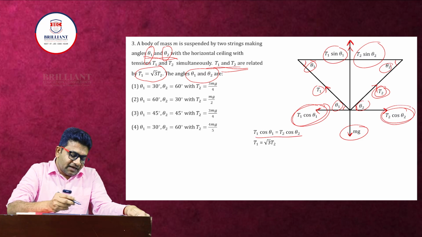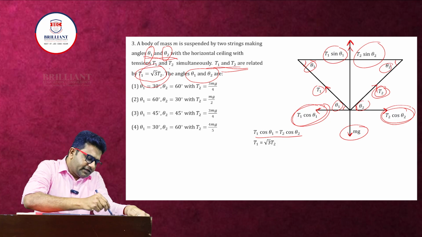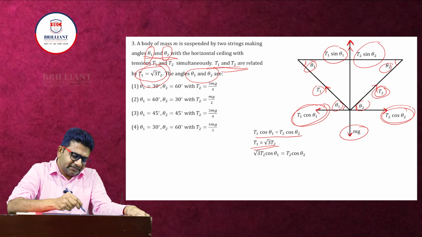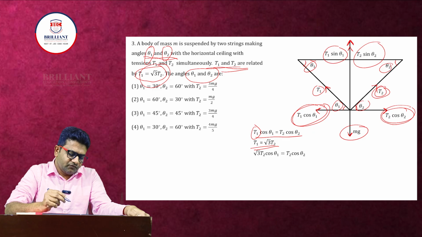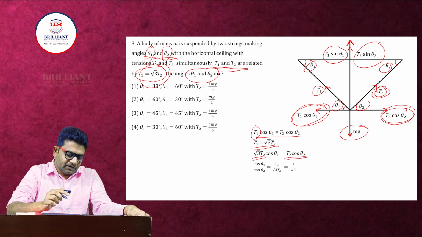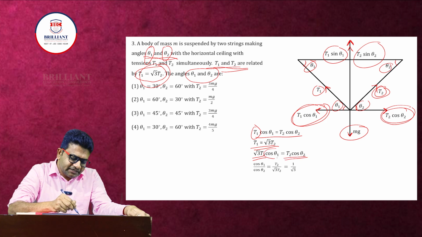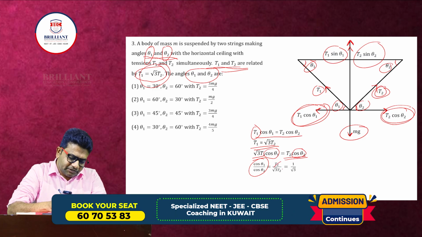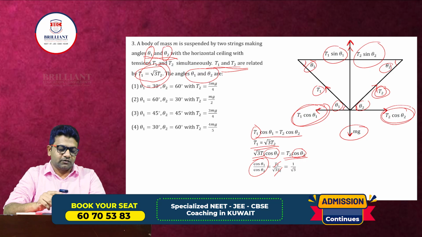In the question it is given that T1 equals root 3 T2, so substituting, root 3 T2 cos theta 1 is equal to T2 cos theta 2. From here we get cos theta 1 by cos theta 2 is equal to T2 by root 3 T2. T2 gets cancelled, and we get 1 by root 3.